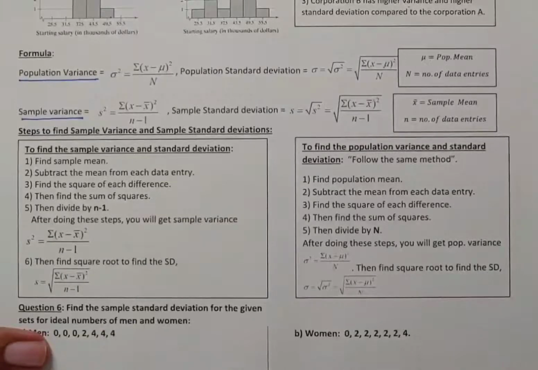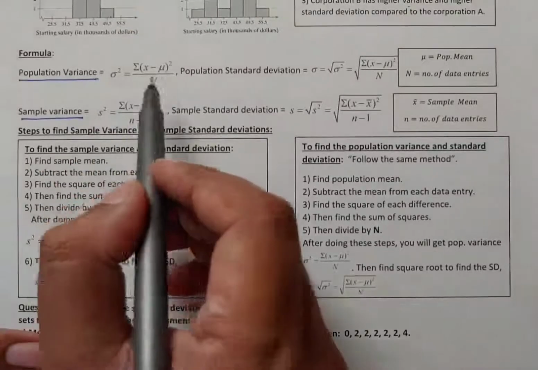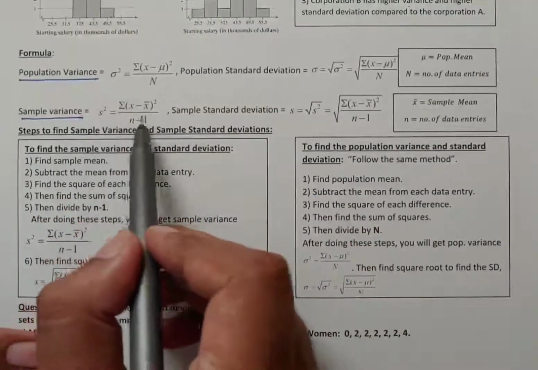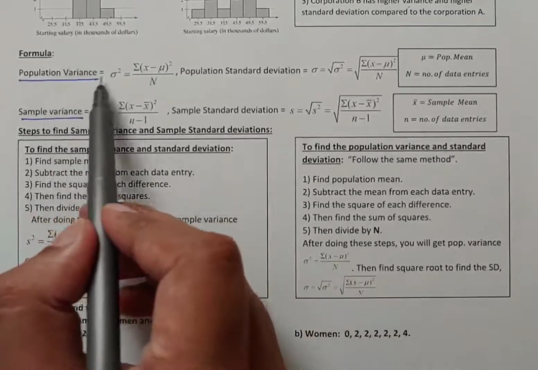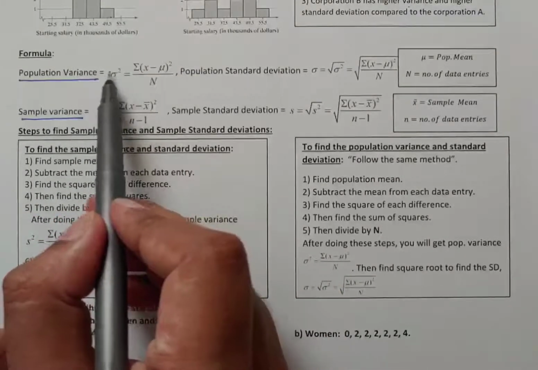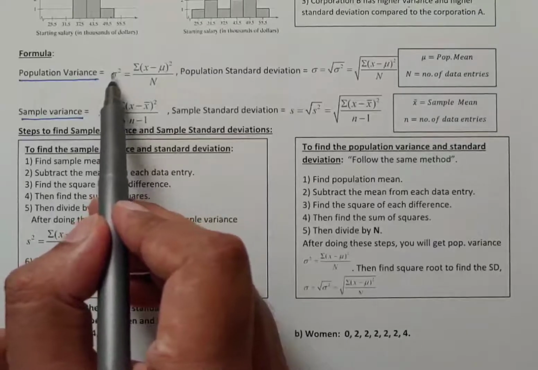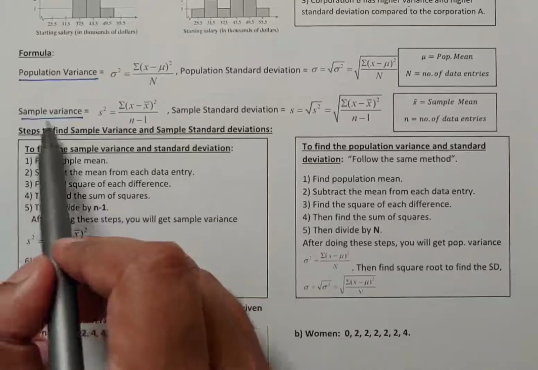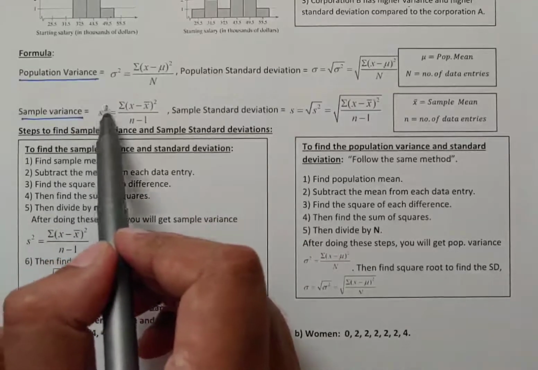If you find the population variance, this is the formula. If you find the sample variance, this is the formula. Population variance is denoted by sigma squared, and sample variance is s squared.